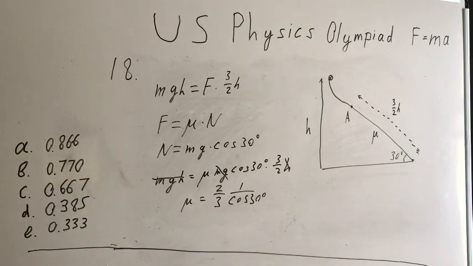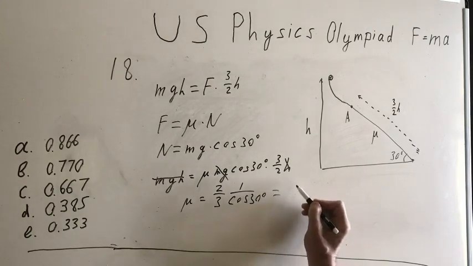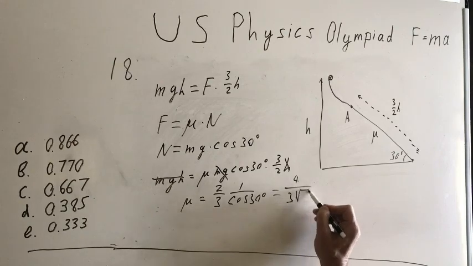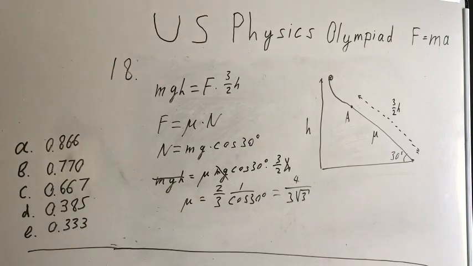Cosine 30 degrees is √3/2, so finally we have 4/(3√3). We can use a calculator, and the answer is B, 0.77. This is the correct answer.